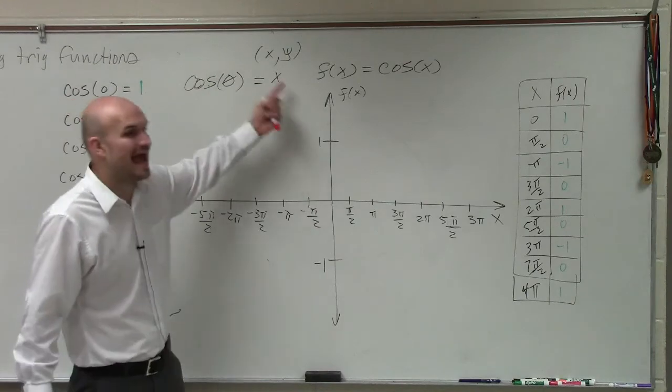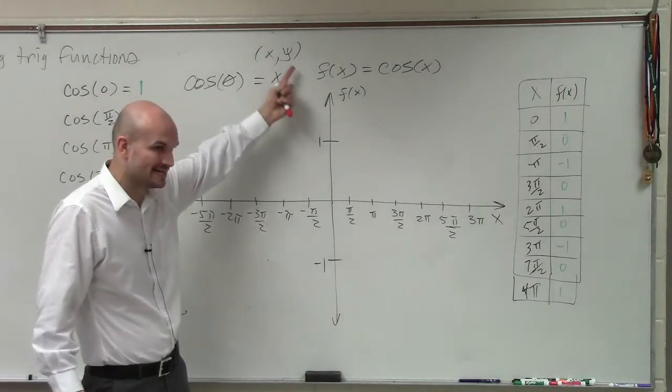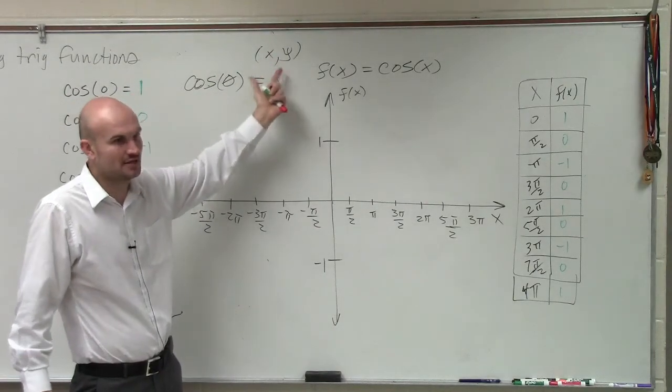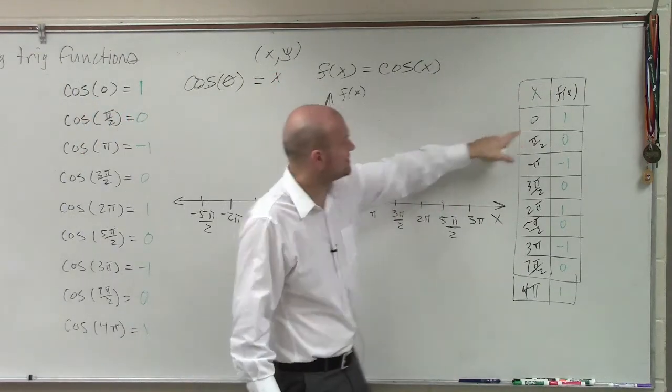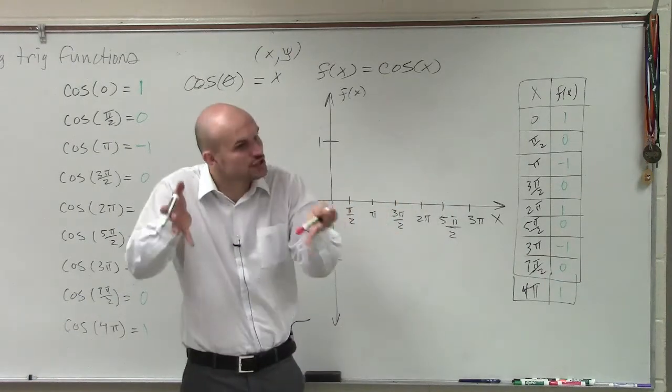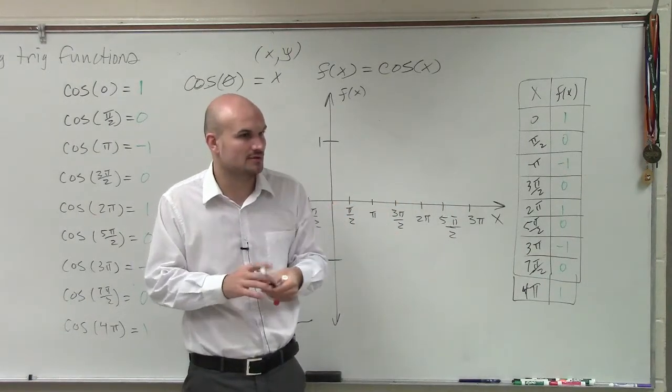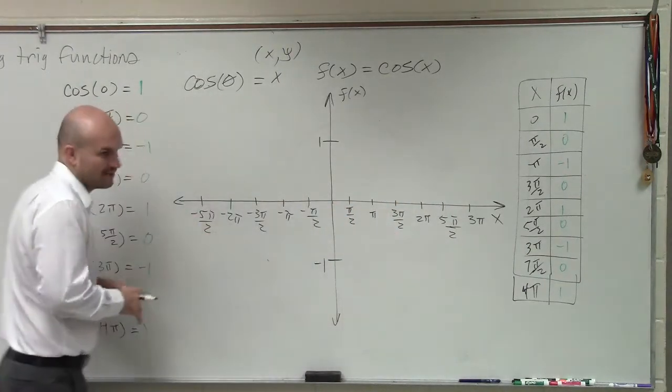So it's not equal to x, it's equal to the x-coordinate of the point that it intersects on the unit circle. That's what I was representing with that difference in there.